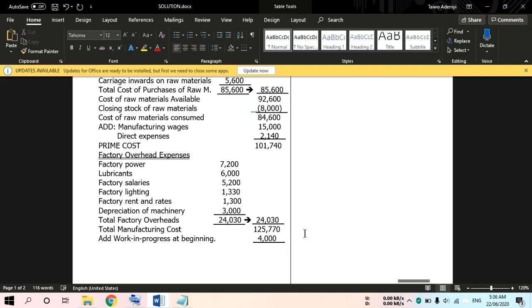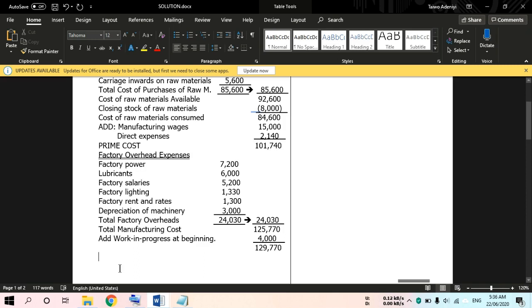So add that, plus 4,000. That will give us 129,770 naira.